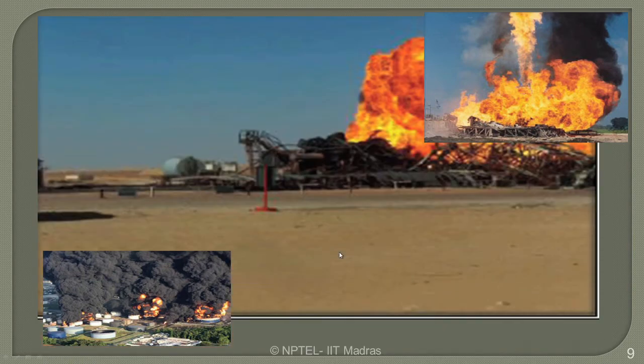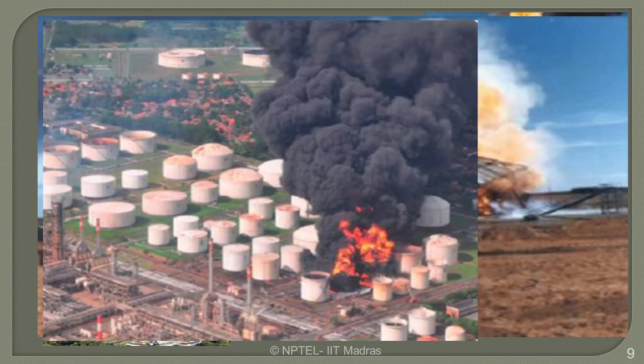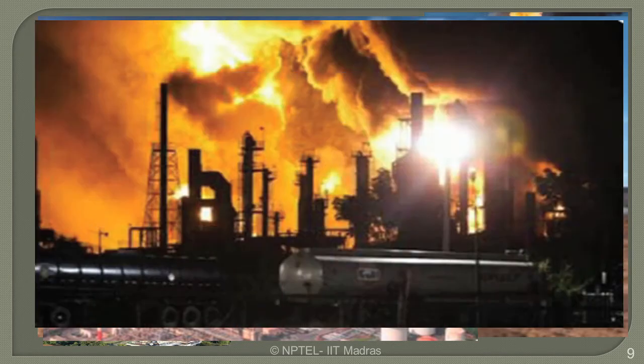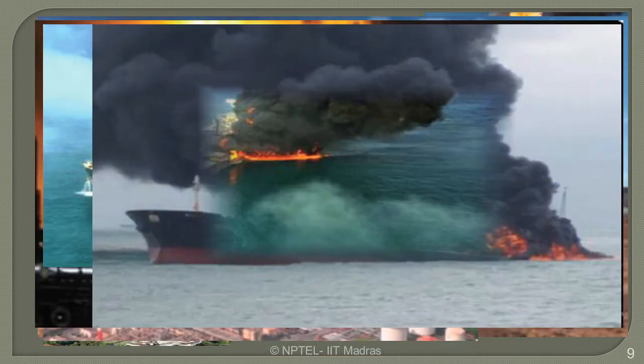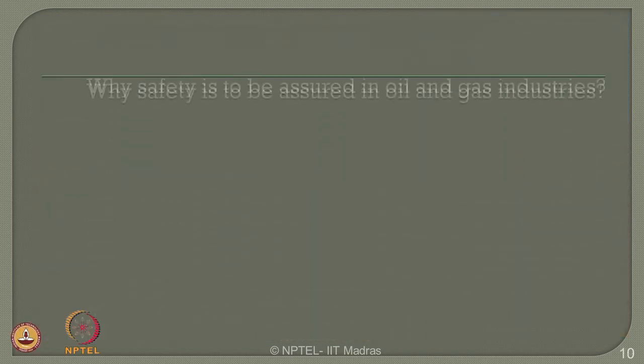What we learn from these incidents and accidents is that they should not reoccur; they give us very interesting lessons. We will be able to understand how they can be avoided and why they should be avoided, because successful management will understand that profit is nothing but revenue minus the cost of implementing safety correction measures.